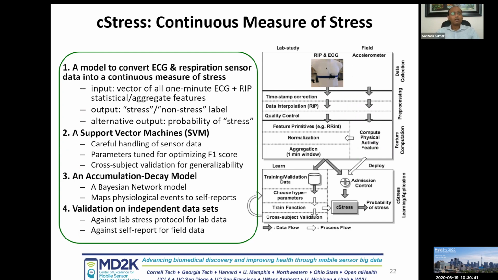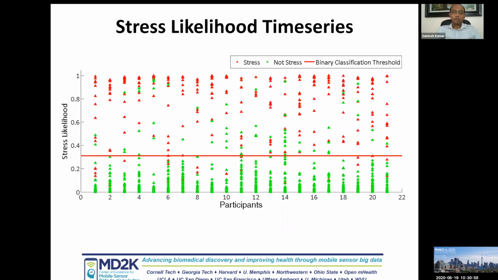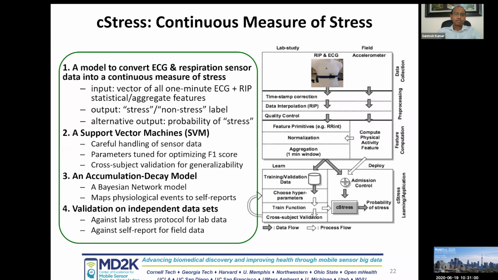And not only when there is physical activity, but we also allowed for some time for the physiology to recover, because it takes a few seconds or sometimes even 2 minutes for physiology to recover after physical activity. Then, what our model provides, this support vector based model, is a stress likelihood time series.